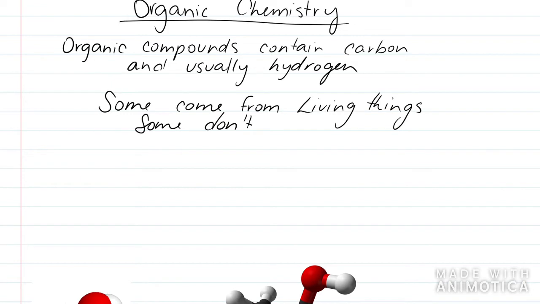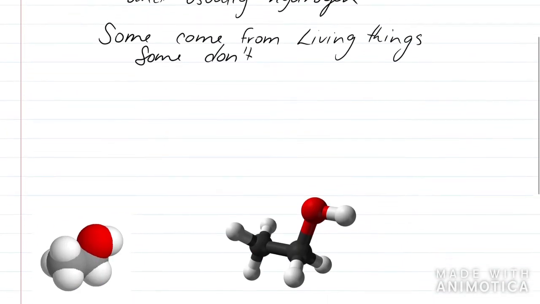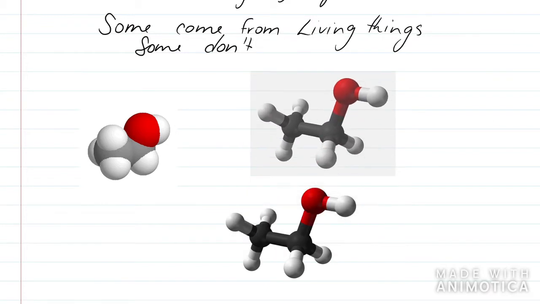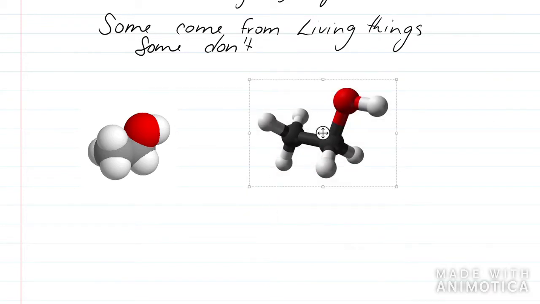Okay, so before we get into the nitty-gritty about this, I want to talk about the different ways you'll be able to see them. So this is two pictures of the same compound. This is the exact same compound. This is called a space filling model.